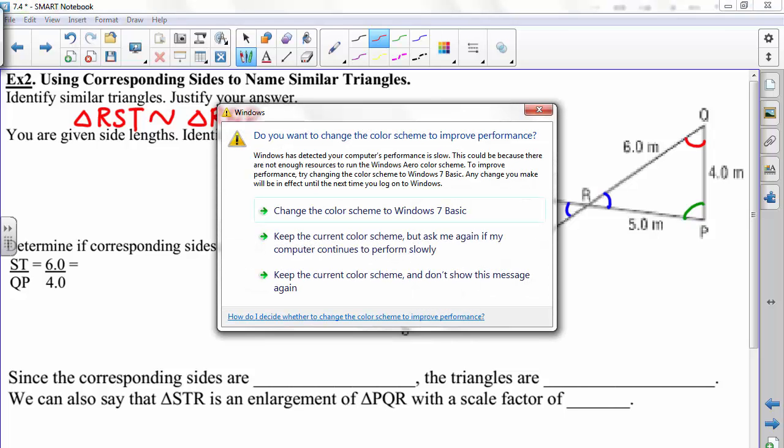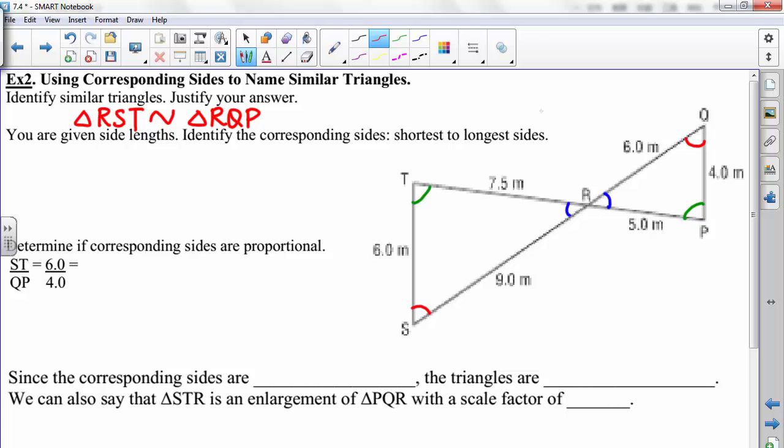You are given side lengths. Identify the corresponding sides from the shortest to the longest sides. Let's look at the first triangle, RST. I can tell the shortest side in this triangle is ST. The medium size is RT.